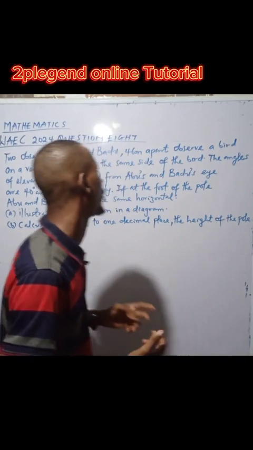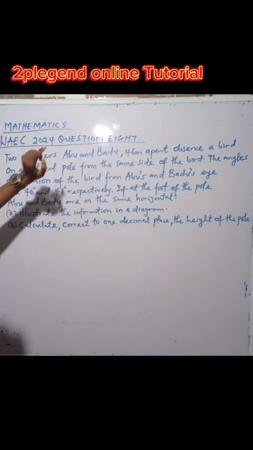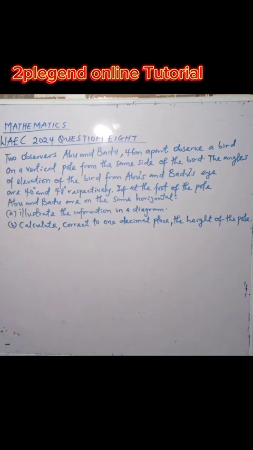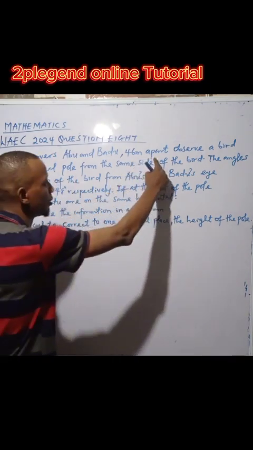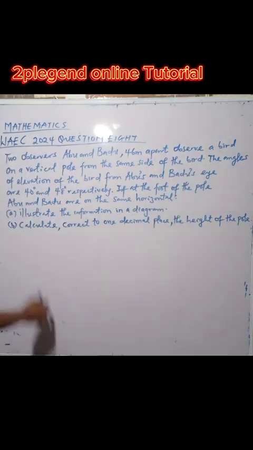So today we'll be solving question number 8 of WAEC 2024. What you can see right now is: two observers, Abu and Badu, 46 meters apart, observe a bird on a vertical pole.